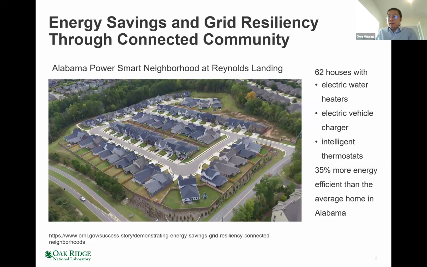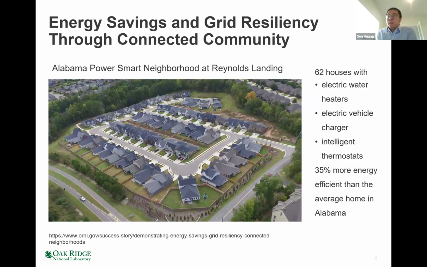But besides energy efficiency, there are two features that make it a connected community. The first feature is the community-level Internet of Things network, the IoT network. Working with Oak Ridge, we created a large-scale IoT communication network. For each building in this community, we set up a small computing device.